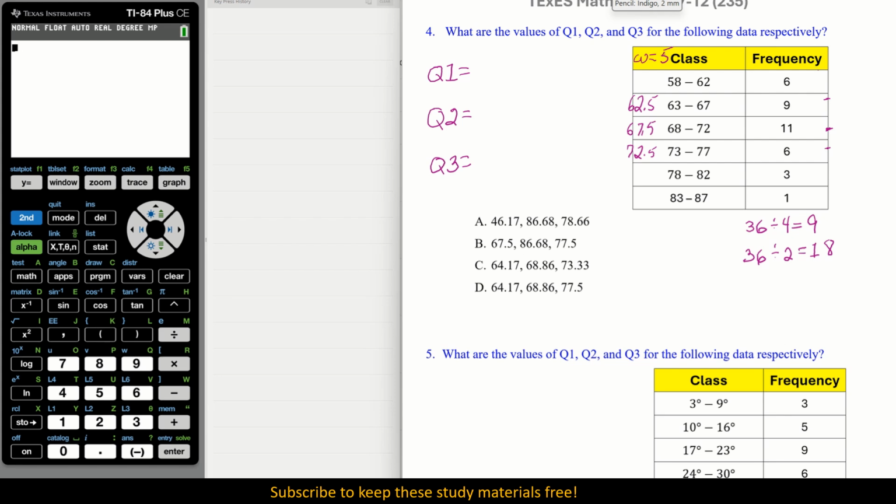So if we go down, we need to go down 9 values. We need 3 out of the 9 for the first fraction. And then we go down some more and we need 18. Well, these first two are 15. We need to add up with the 9, and then we need another 9. Well, that'll be 18. Well, 15, you need 3 more. So that gives us 3 out of 11.